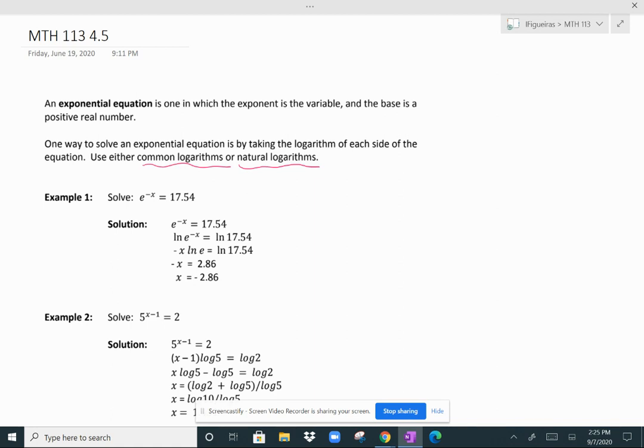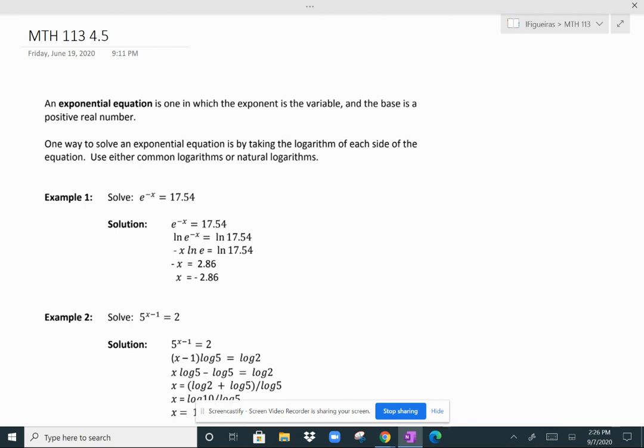The reason we use either of those two is because not all answers are exact, and so some require a calculator. Your calculator has the common log and natural log functions already pre-programmed in it. Any other base would require a change of base formula, so try to avoid that by using either common or natural logs.